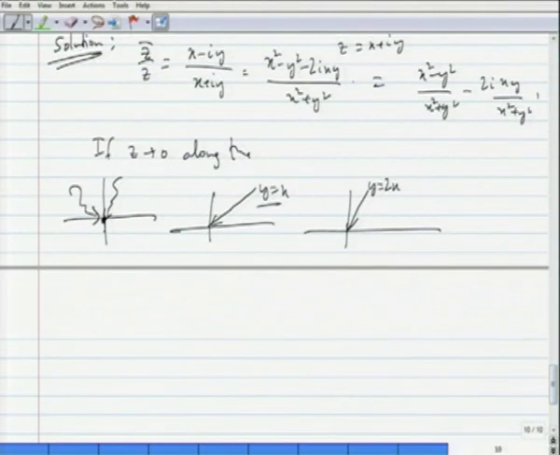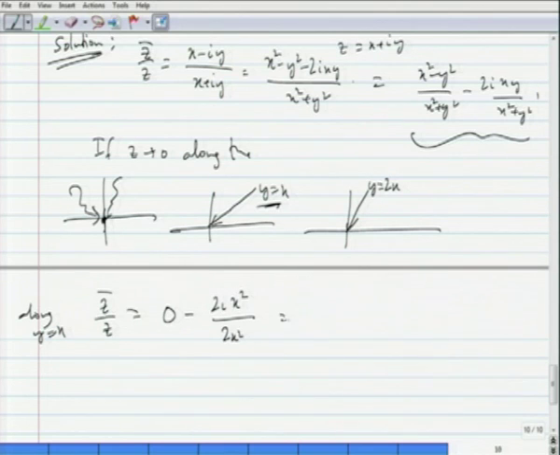If z approaches 0 along the line y equals x, then set y equals x in this expression. So, you get z bar by z along y equals x is equal to x squared minus x squared, which is 0. So, the real part is 0 and the imaginary part is x squared divided by 2 x squared. So, this is minus i.